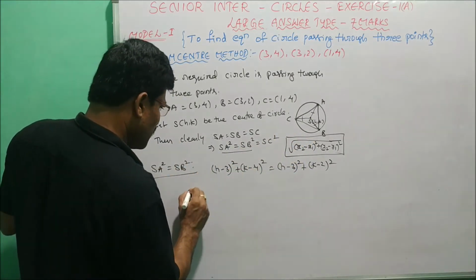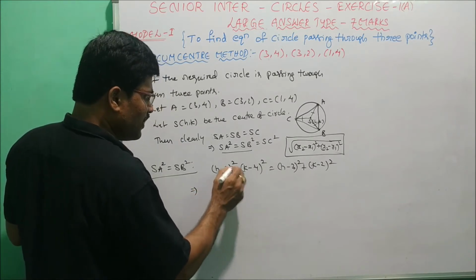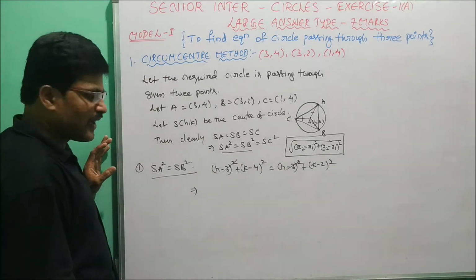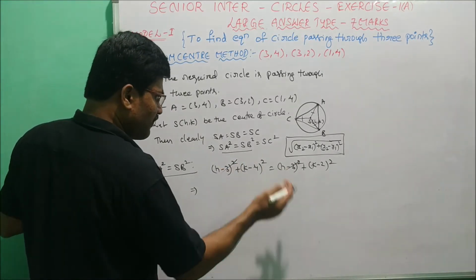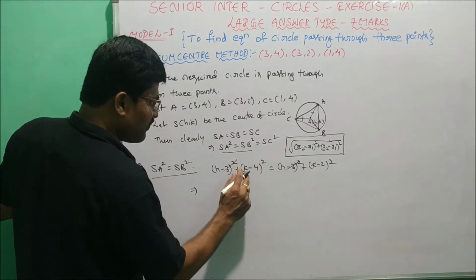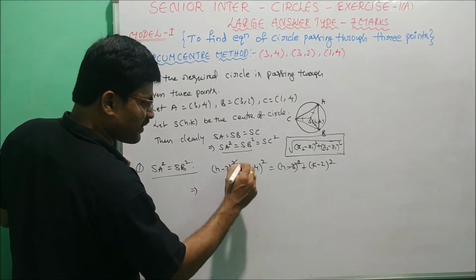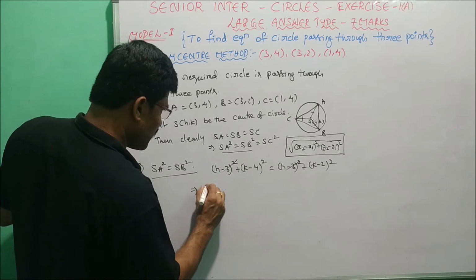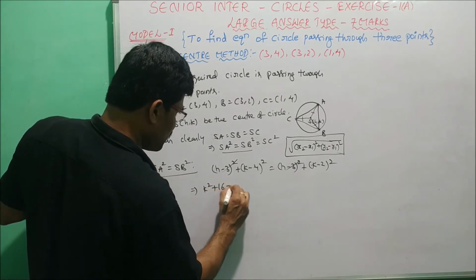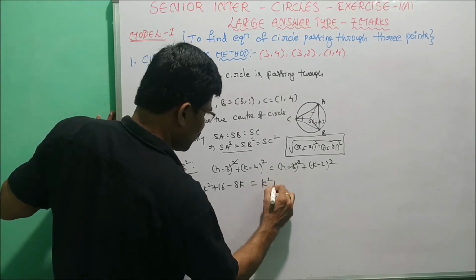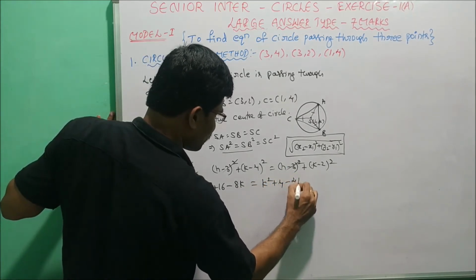Therefore it can be simplified. We observe that on both sides (h minus 3) whole square is there, so that term will be cancelled. The remaining terms can be simplified using the (a minus b) whole square formula, a square plus b square minus 2ab. That is k square plus 16 minus 8k equals k square plus 4 minus 4k.